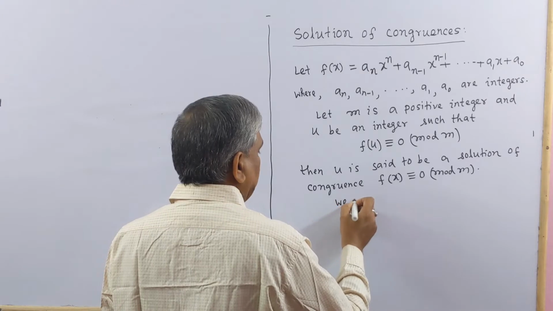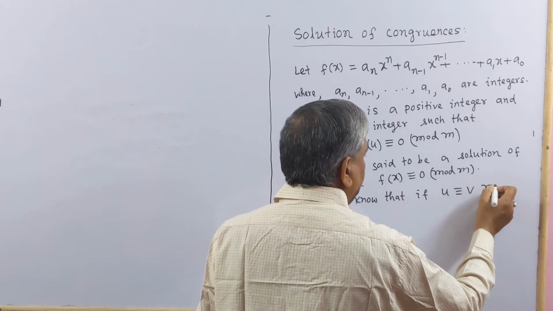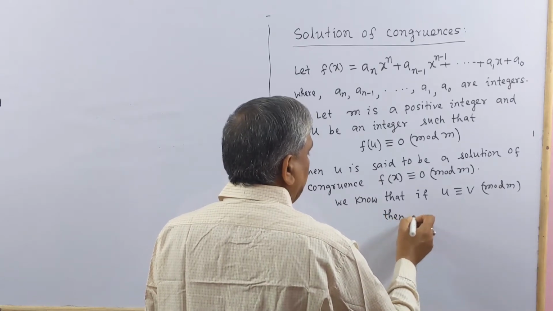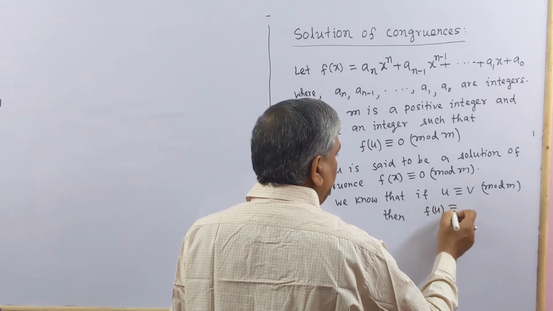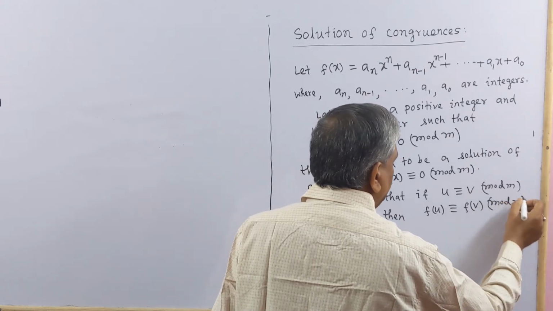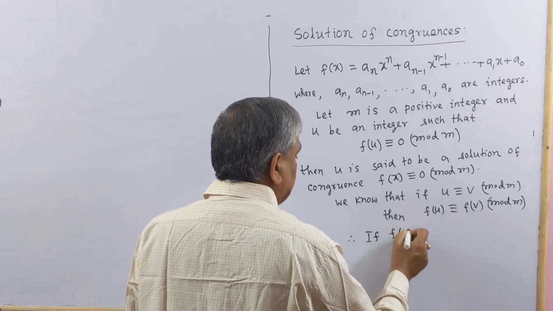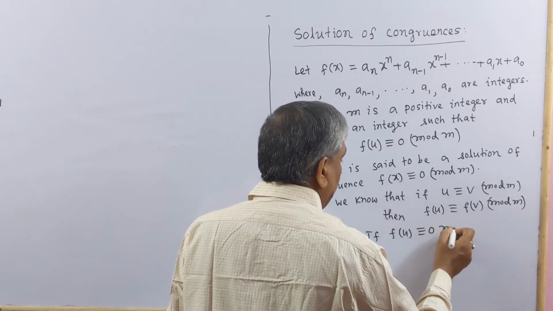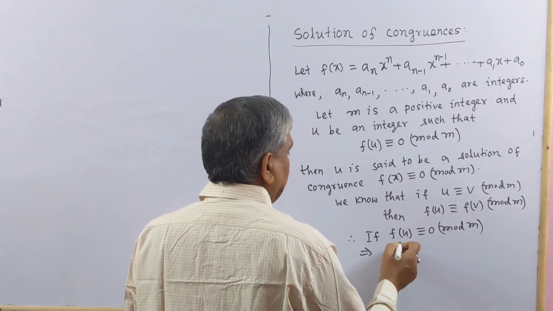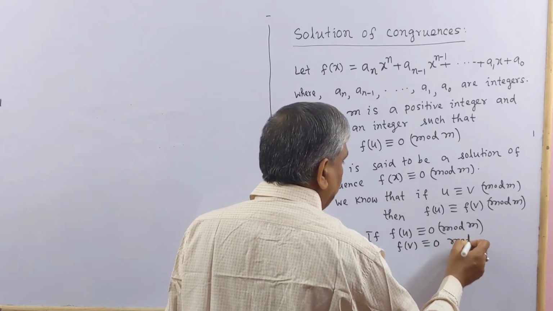We know that if u is congruent to v modulo m, then f(u) is congruent to f(v) modulo m. Therefore, if f(u) is congruent to 0 modulo m, it implies that f(v) is congruent to 0 modulo m.